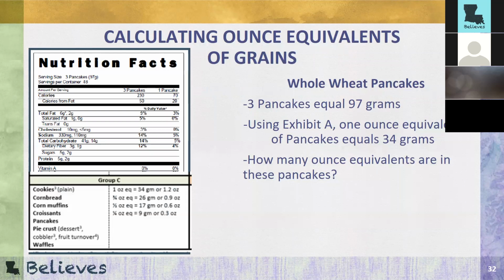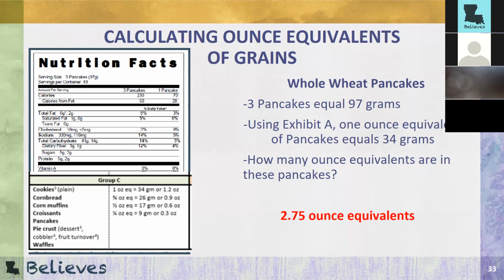Okay, so in looking at our pancakes, the label on my pancakes says that a serving is 97 grams for those 3 pancakes. So if I'm looking at Exhibit A and I look up pancakes, pancakes is listed under Group C. And the Exhibit A chart says 1 ounce equivalent is equal to 34 grams or 1.2 ounces.